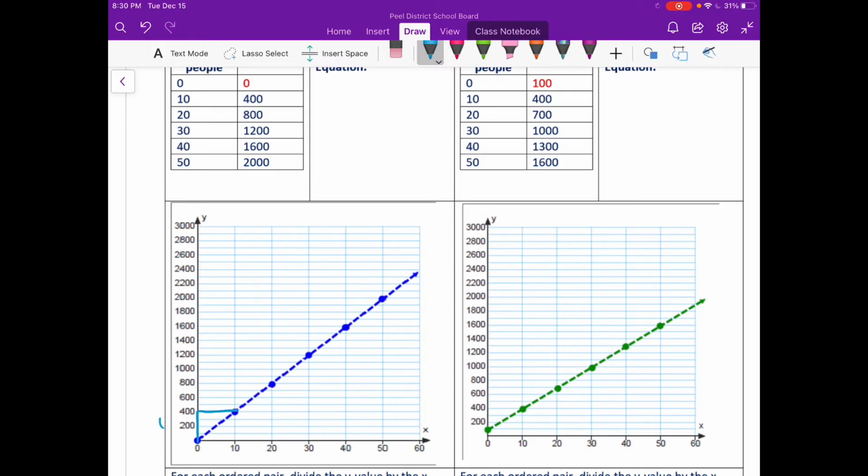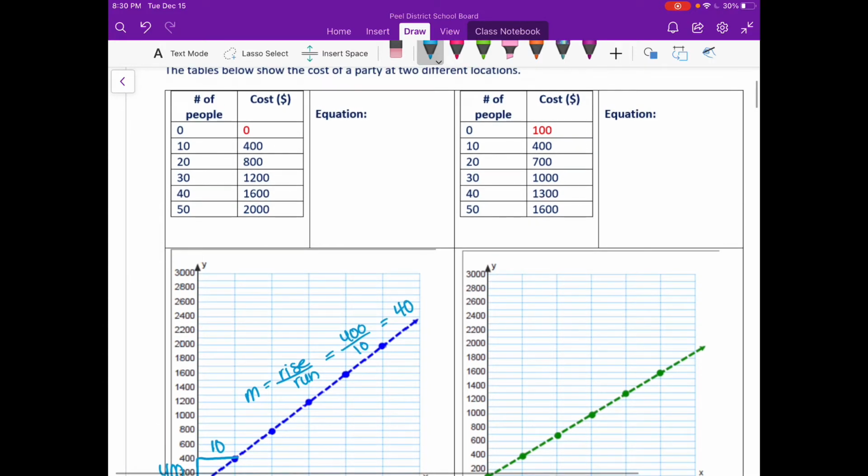So 400 over 10. Our slope is equal to rise over run, which equals 400 over 10, which is equal to 40. So it's safe to say that our cost is going up by 40 each time.